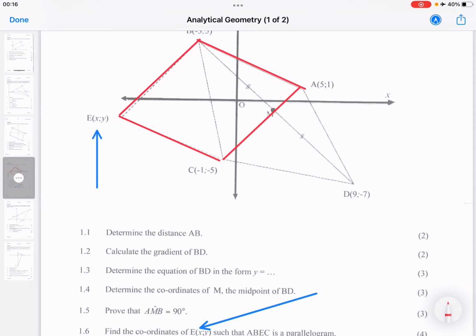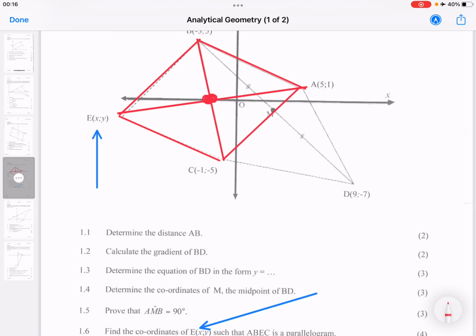Okay. Now, if we have a parallelogram, what we know is that the diagonal lines have a common point. It doesn't seem to be complicated.